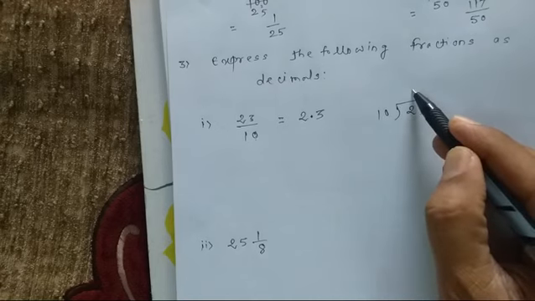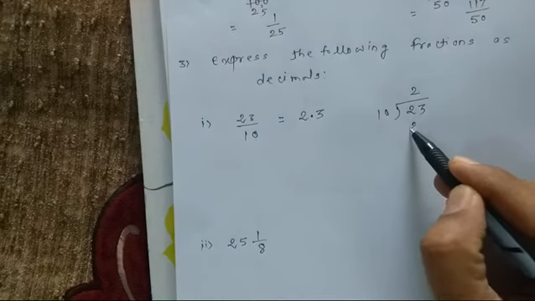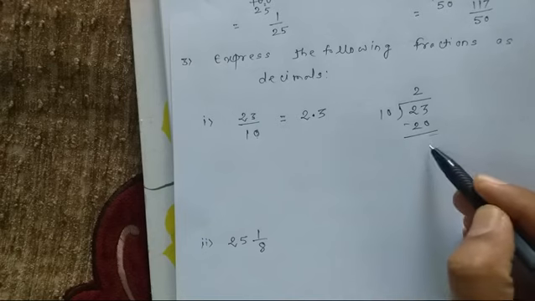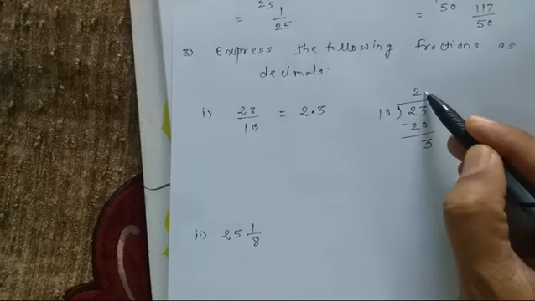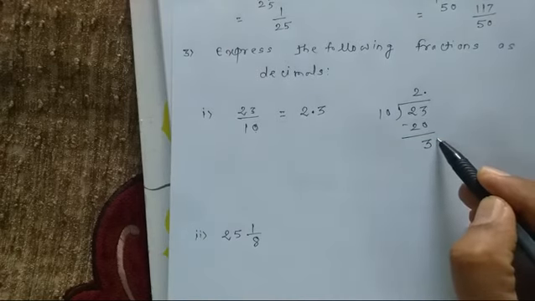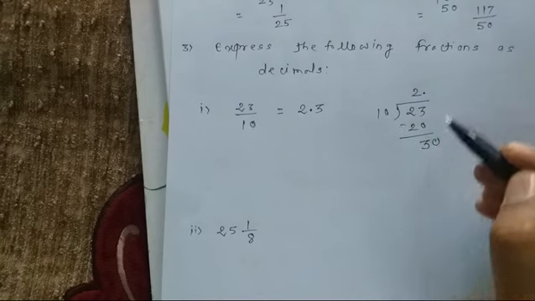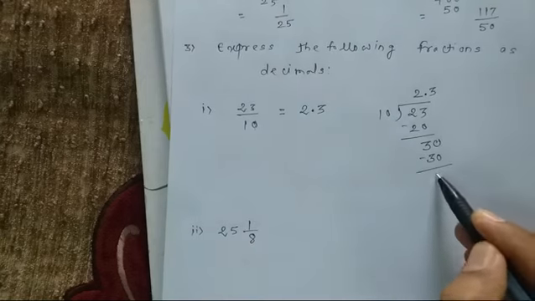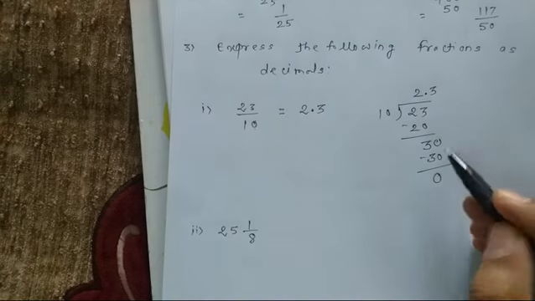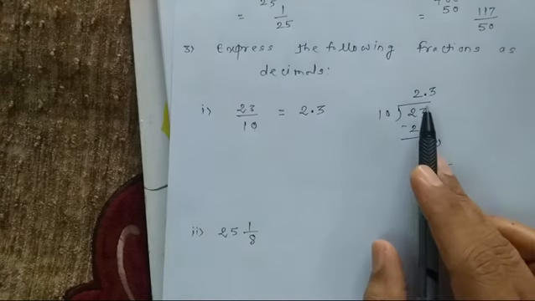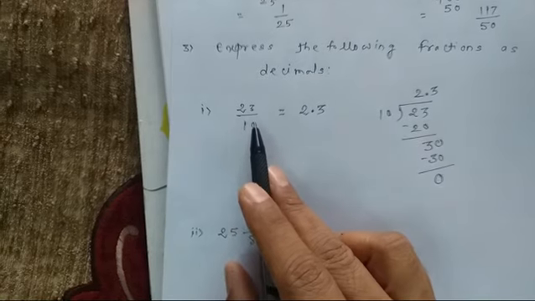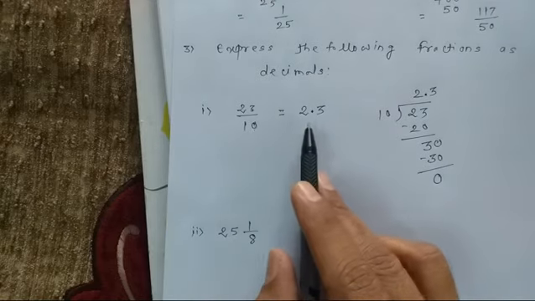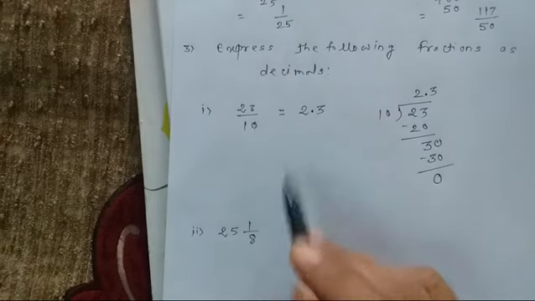So 10 ones are 10, 10 twos are 20, remainder will be 3, then we can give the decimal point here and carry 0. 10 threes are 30. So finally this is the complete process. And see here what is the quotient. The quotient is 2.3. That's why the conversion of 23 upon 10 into decimal is 2.3.